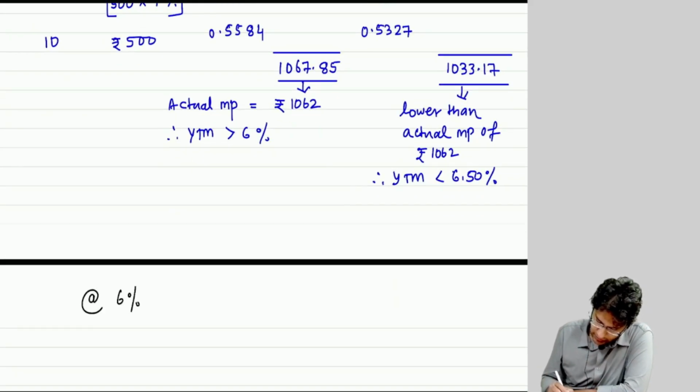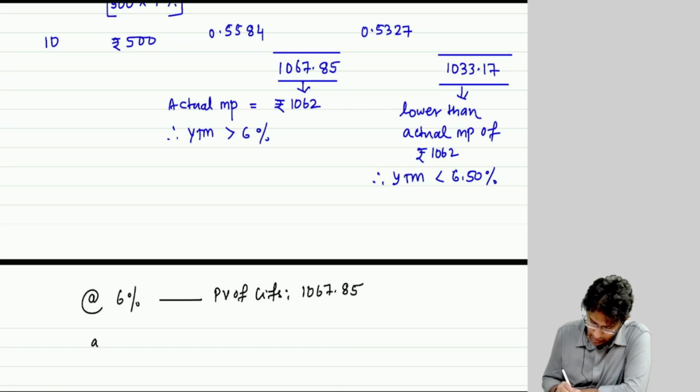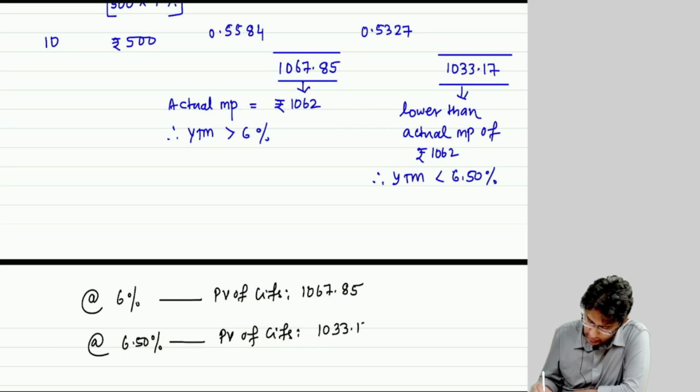At 6%, PV of cash inflows was 1067.85. At 6.5%, PV of cash inflows is 1033.17.